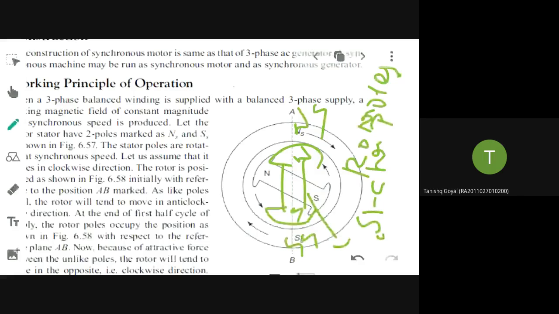So you are going to give supply via the stator and set the rotor into rotation. Now observe this position. Here the stator pole is NS, here N, here SS and S. What will happen to the rotor? Repulsion or attraction? That is the question.